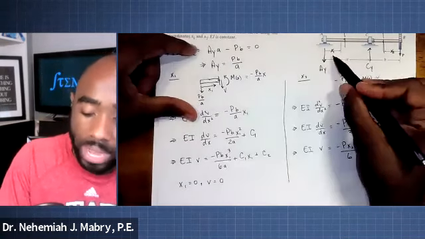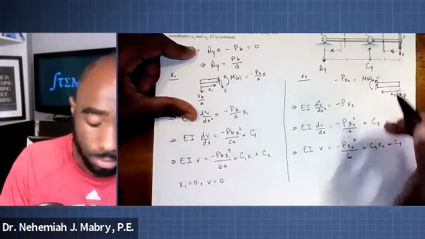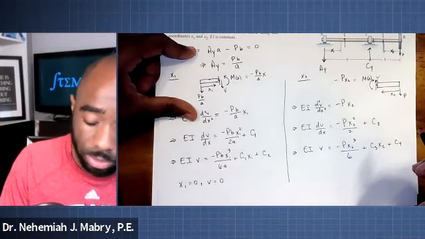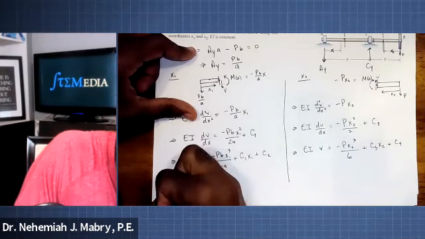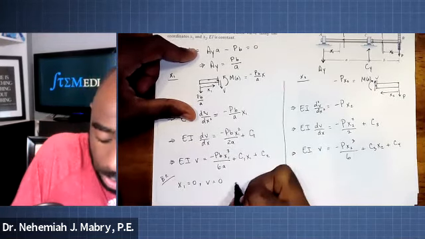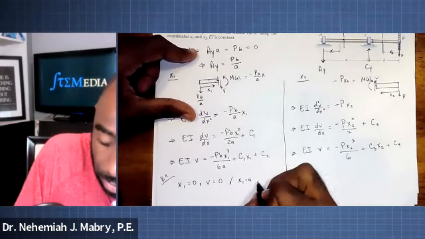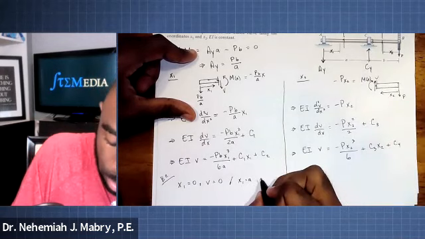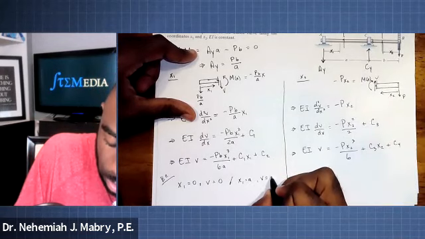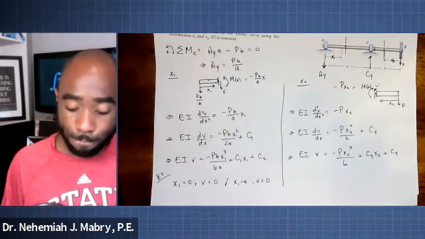We know that when x1 is equal to a, what's happening? Again, these are boundary conditions. When x1 is equal to a, because that is another support, we can also say that the displacement is 0. Got me?